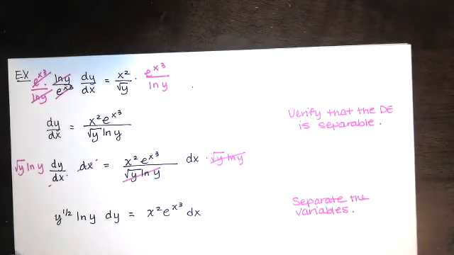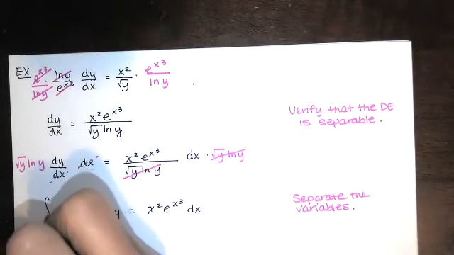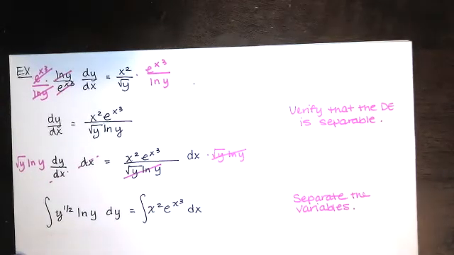Sometimes addition and subtraction, but usually that step is only necessary to get all the terms on one side. And then you just anti-differentiate both sides with respect to whatever variable is there. So we're going to take the antiderivative on the left. This is all going to be with respect to y. And we'll take an antiderivative on the right. That's going to give us a function of x.